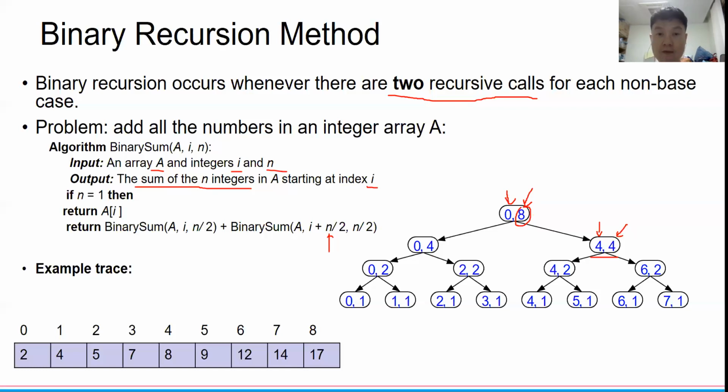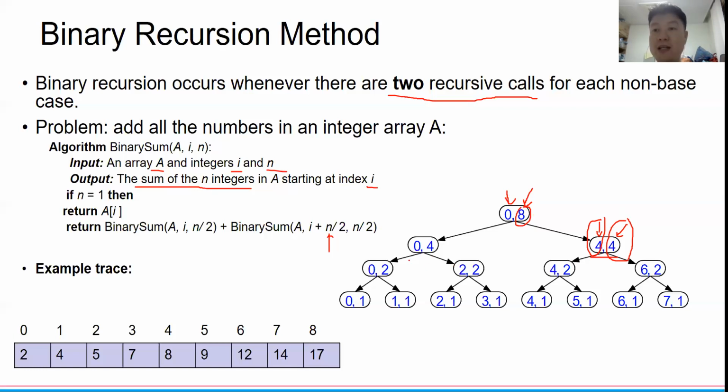The first 4 is the starting index, and the next 4 is the next 4 integers after index 4. Then we will again split into 2.